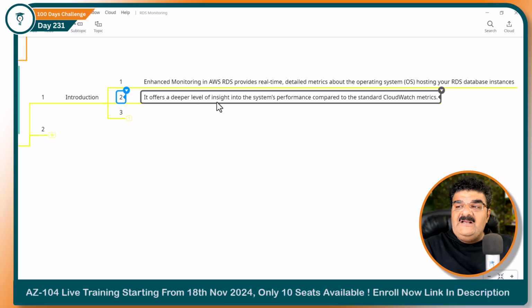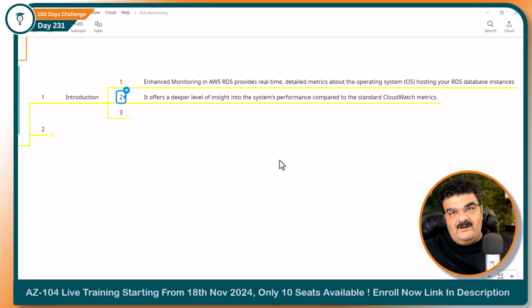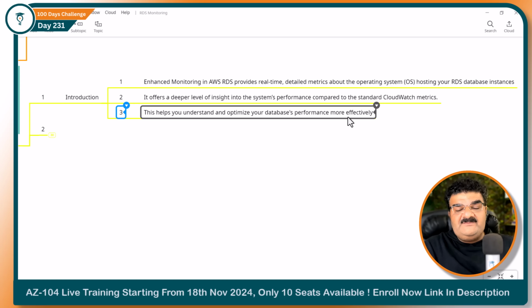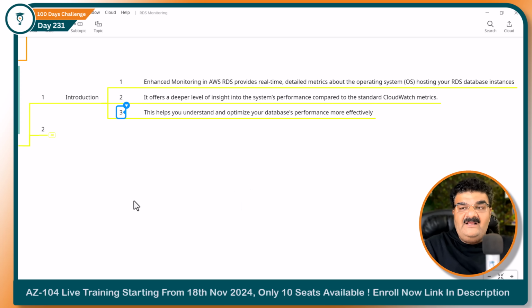It offers a deeper level of insight into the system's performance compared to standard CloudWatch metrics. We are going to talk about CloudWatch metrics in the next video as well, but here you just need to remember that it provides deeper insight than the CloudWatch metrics. This helps you understand and optimize your database performance. If you have monitoring data, you can scale your database properly.